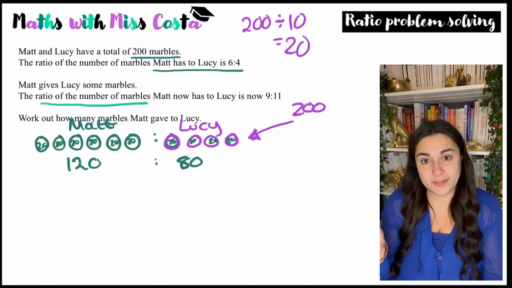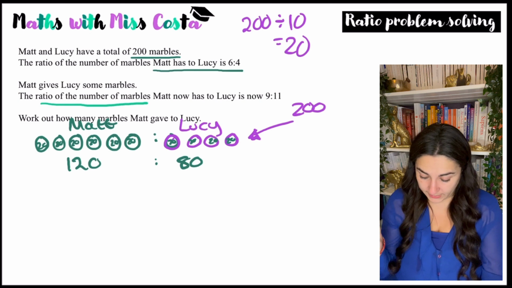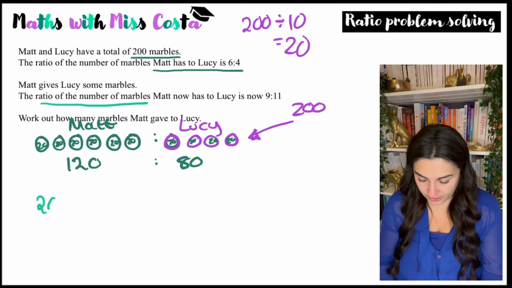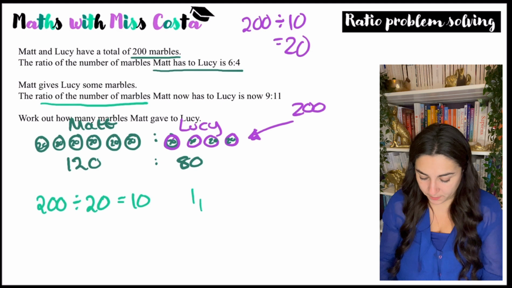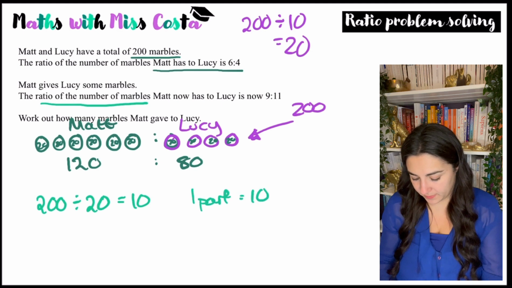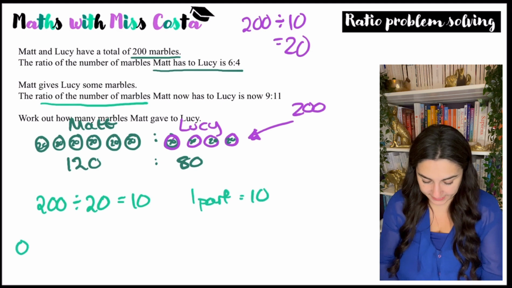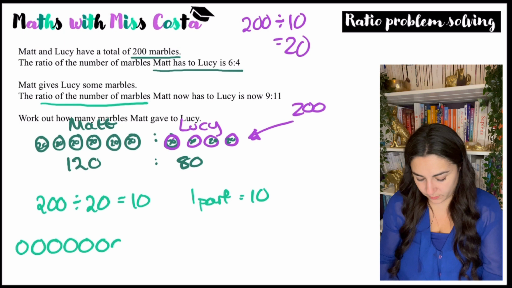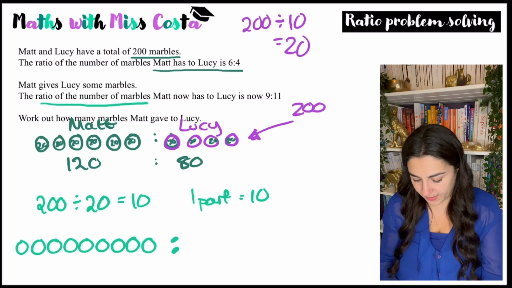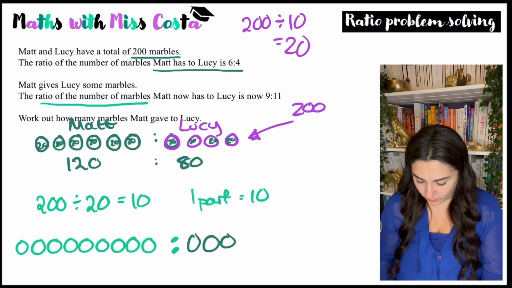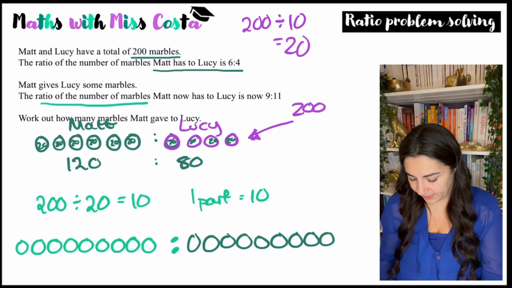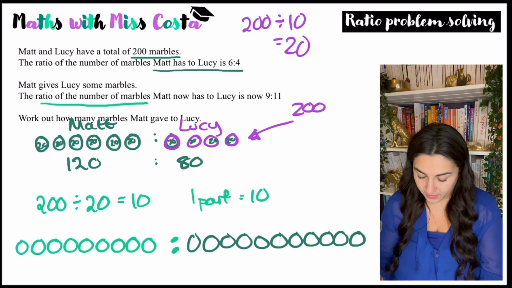So once again, we still know that there are 200 marbles. So if we did 200 divided by 20 now, that would give me 10. So one part must be worth 10 marbles. To visually represent this, Matt has 1, 2, 3, 4, 5, 6, 7, 8, 9 parts, and Lucy has 1, 2, 3, 4, 5, 6, 7, 8, 9, 10, 11 parts.